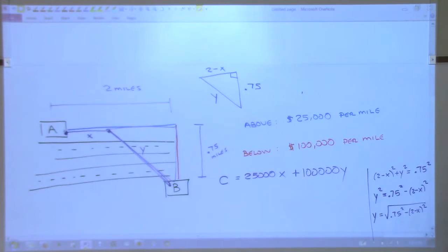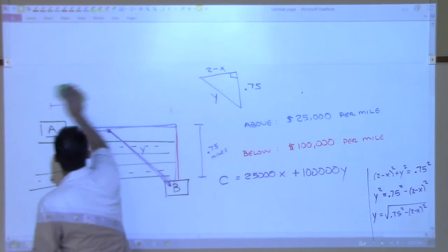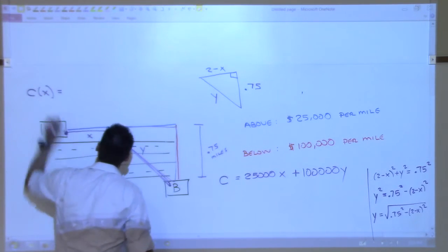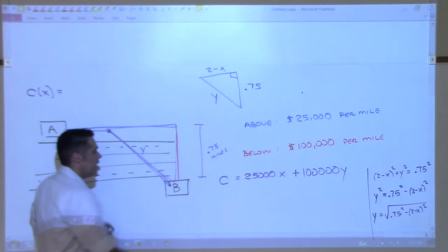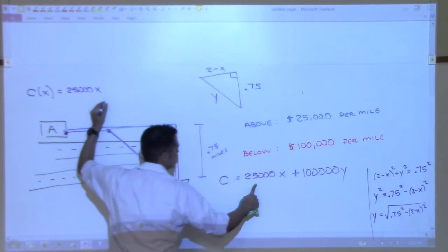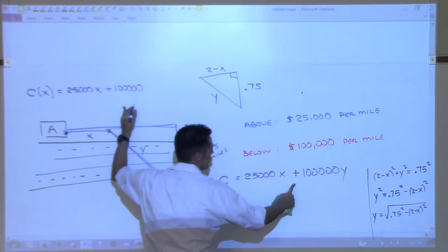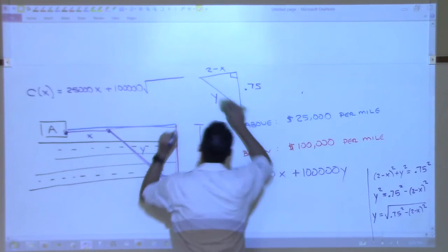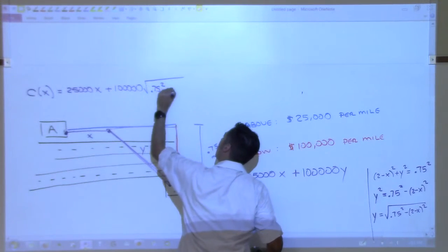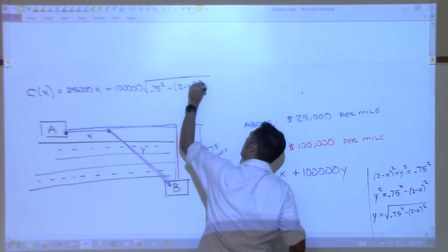So now look at what our cost function becomes. Our cost function is now a function of X, and it is 25,000 X plus 100,000 times the square root of 0.75 squared minus (2 minus X) squared.